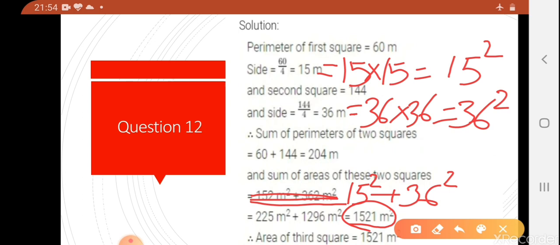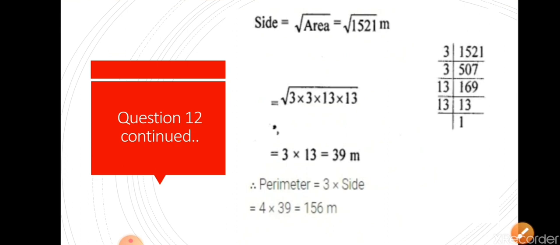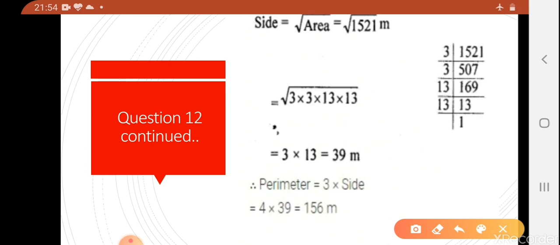But according to the question we have to take out the perimeter, and here we have got the area. So we have to take out the side. Side will be equal to the square root of the area, and when we take out the square root of 1521, we will get 39.